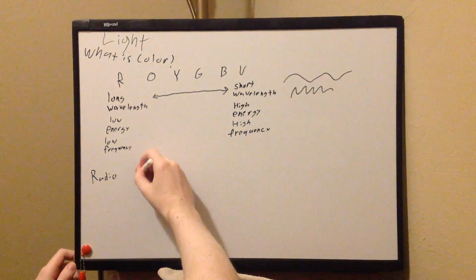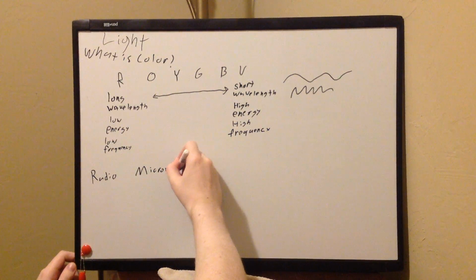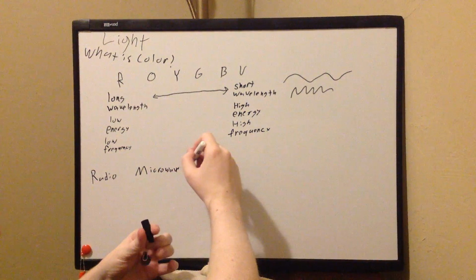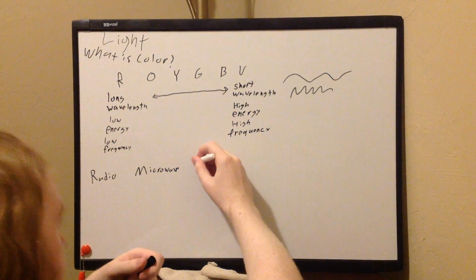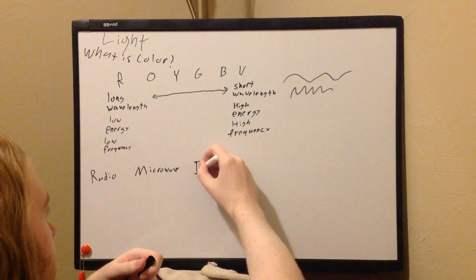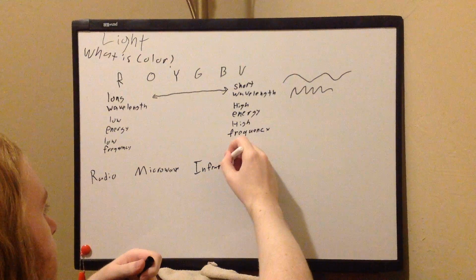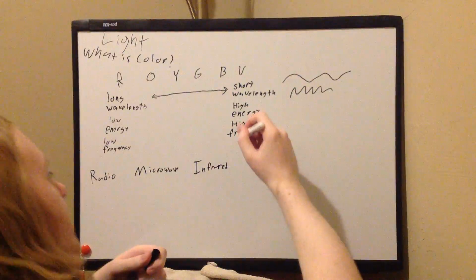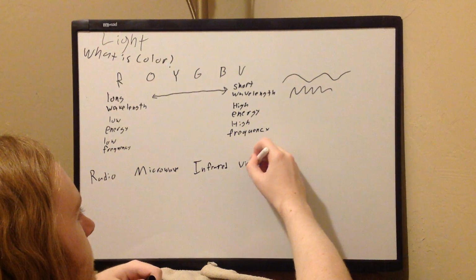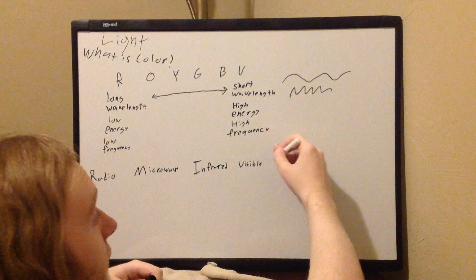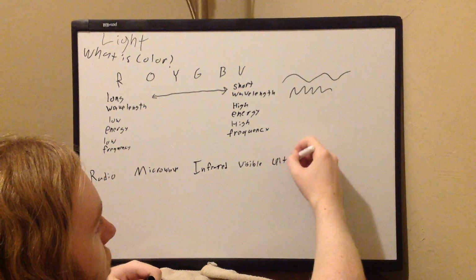Then you've got microwave. Then right under visible light, you have infrared. Then you have visible. Then right above visible is ultraviolet.